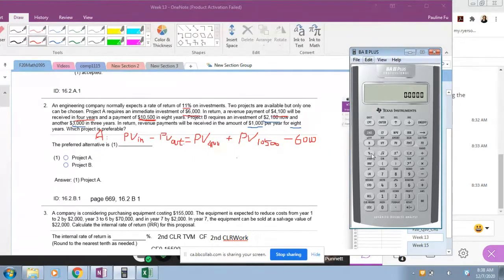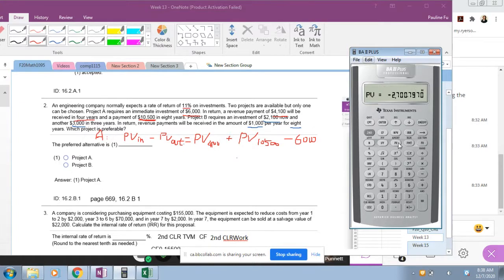Clear. This is 4 years. 4 is N, 11 is IY, 0 is PMT. And for future value, you should enter a negative number in order to get a positive present value. So 4,100 is the future value.